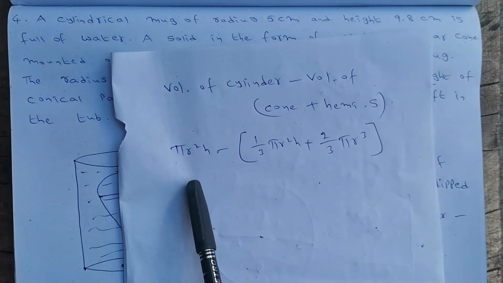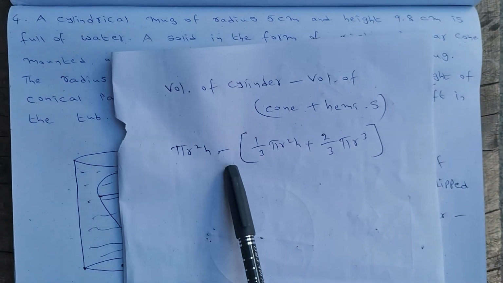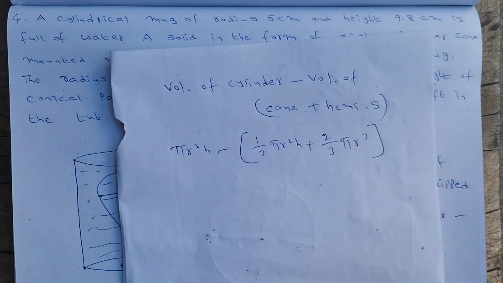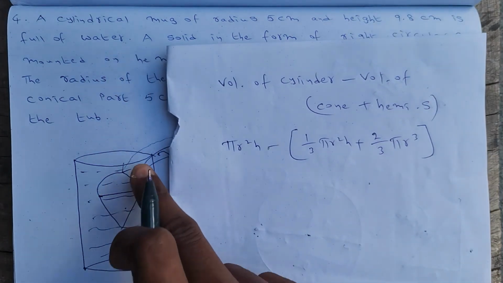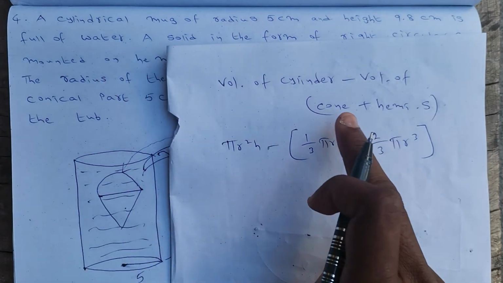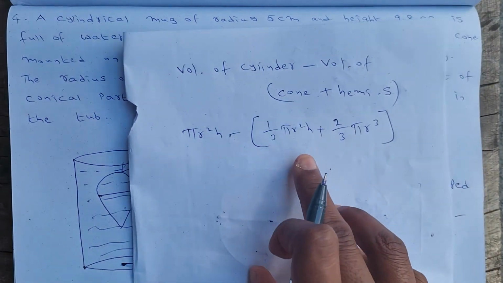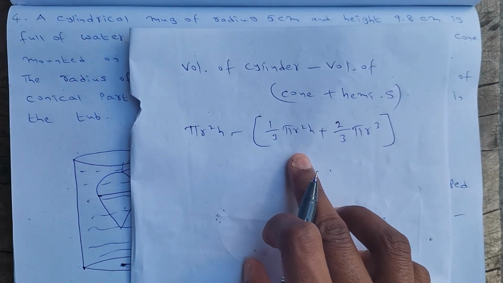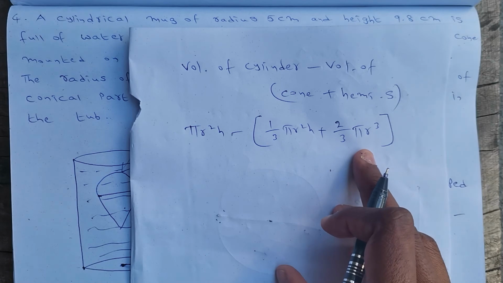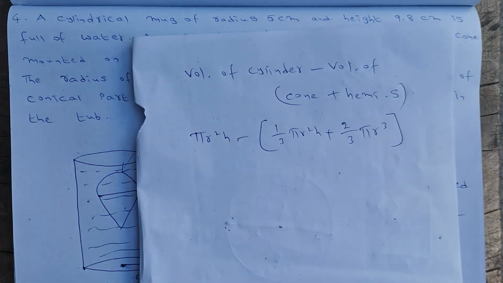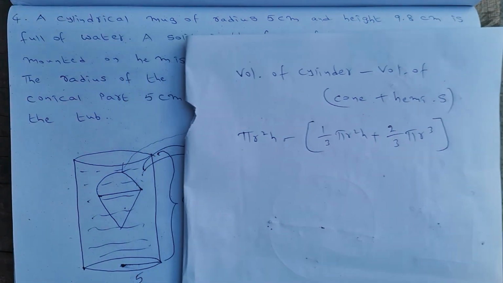Cylinder volume is pi r square h minus cone volume plus hemisphere volume, because the object contains two shapes, one is cone and one is hemisphere. So that's why we are adding both the volumes. So cone volume is 1 by 3 pi r square h and hemisphere volume is 2 by 3 pi r cube. Okay, let us confirm once whether we have all the measurements or not.